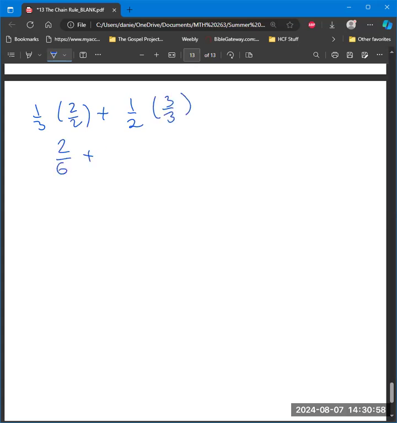So that's 2/6 plus 3/6 is 5/6. Also, we're going to need to rationalize denominators sometimes. So adding fractions. Rationalizing denominators.